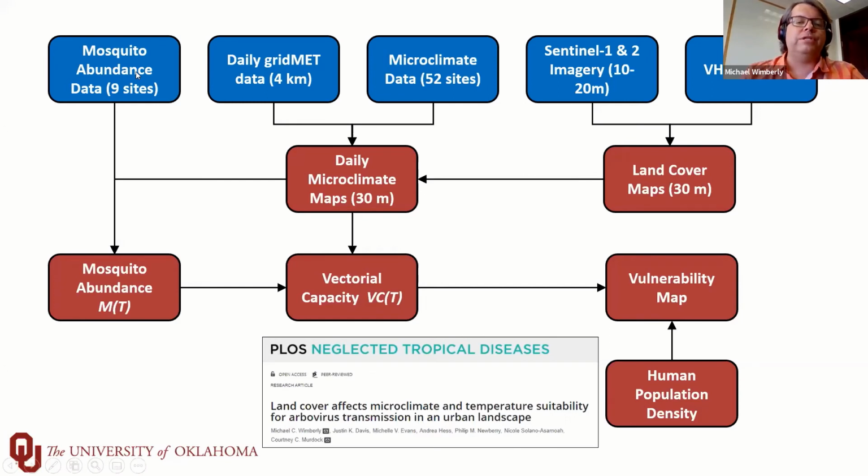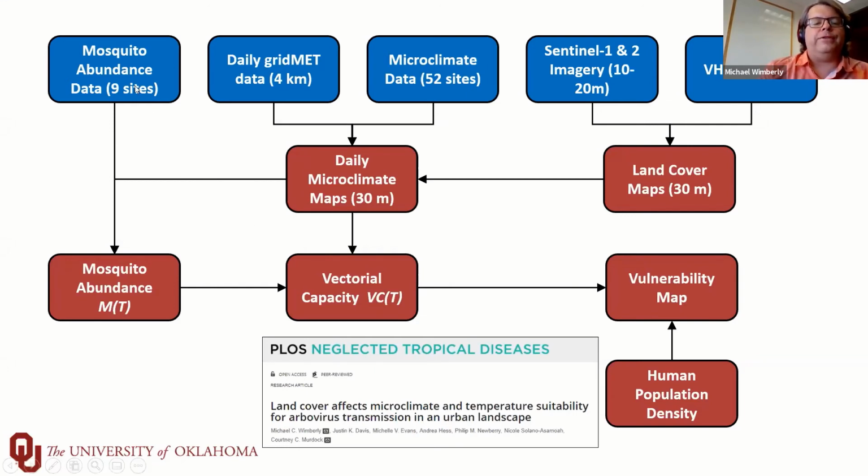She's at Cornell now. But she and her lab did a lot of the data collection. So she collected mosquito data and microclimate data, and I did some land cover mapping with some Sentinel imagery and very high spatial resolution imagery. What we did is we put together this coarse scale gridded data with the microclimate data and our land cover data to essentially downscale the climate data, taking into account the land cover effects on microclimate, and come up with a 30-meter microclimate data set.